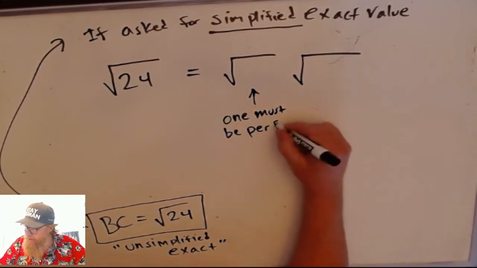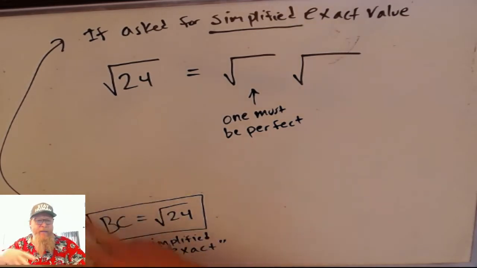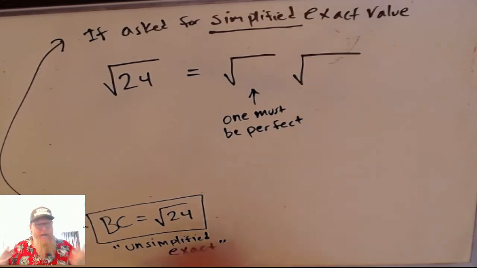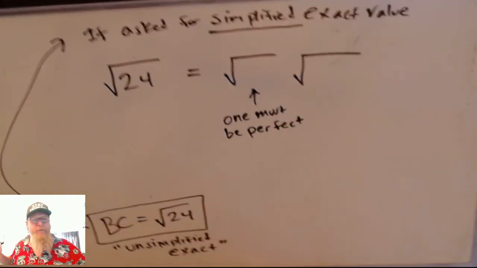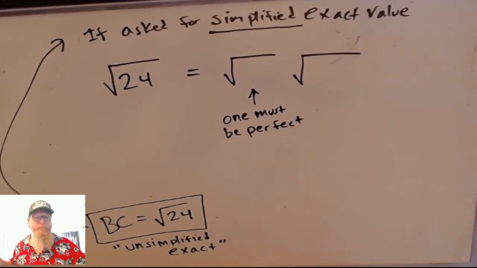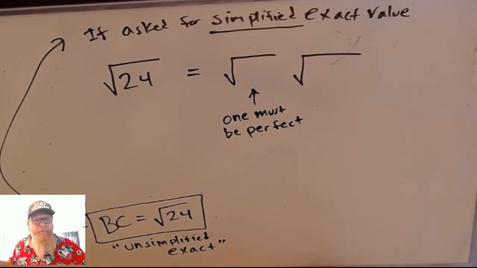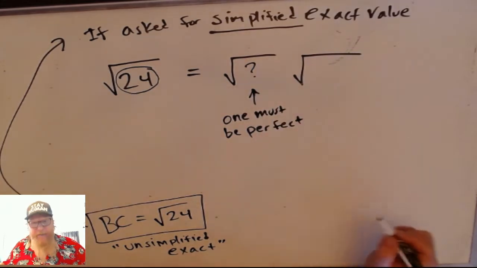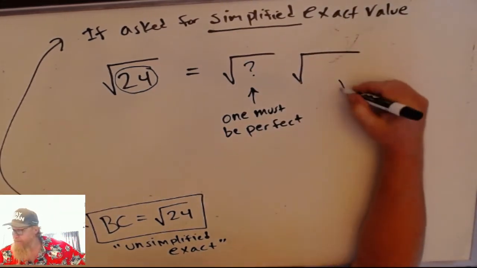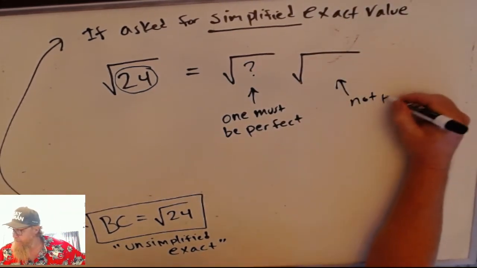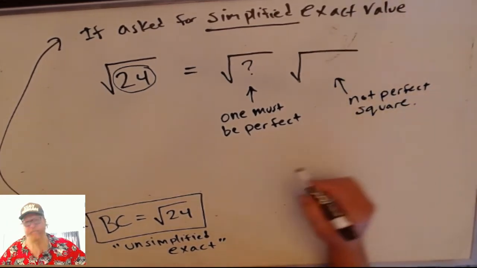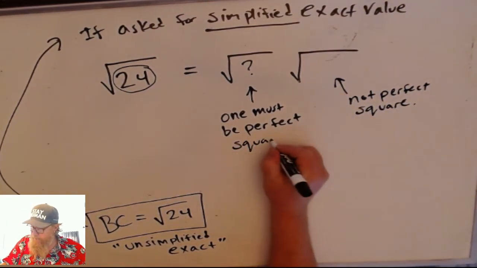Remember, perfect squares are what we covered in the introduction to square roots: 4, 9, 16, 25, 36, 49, all the ones you memorized. So what number goes into 24 that's perfect? The other one doesn't have to be a perfect square. This one must be a perfect square.